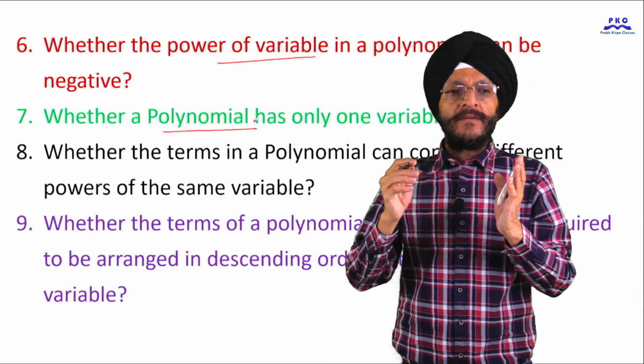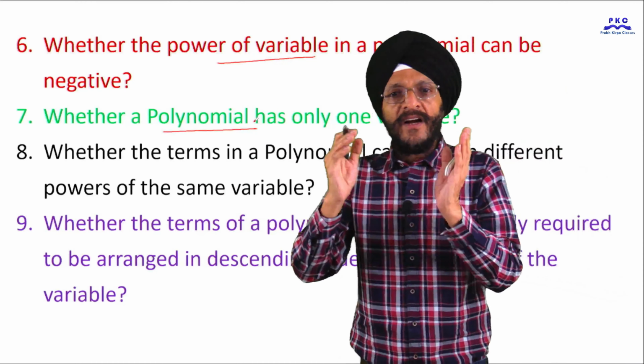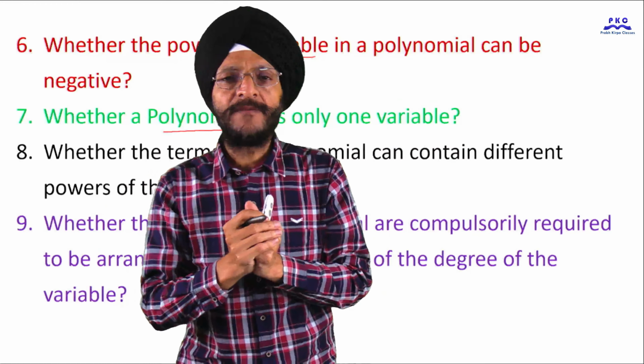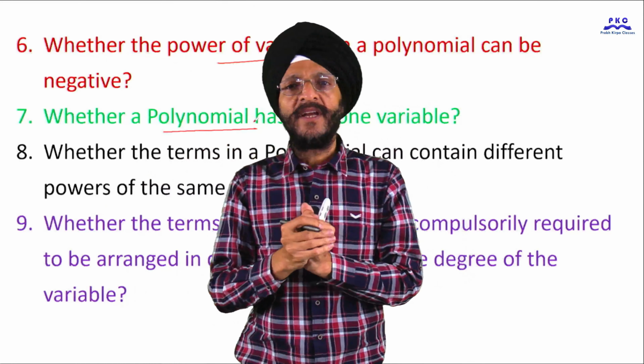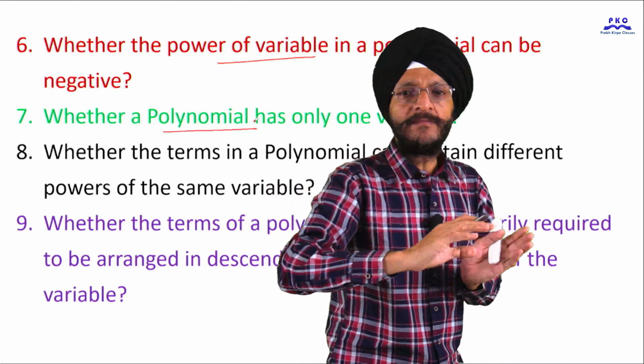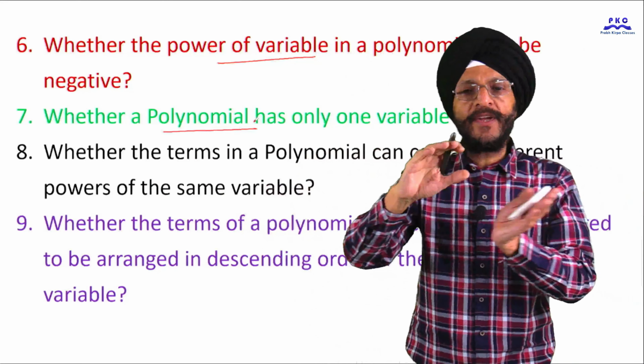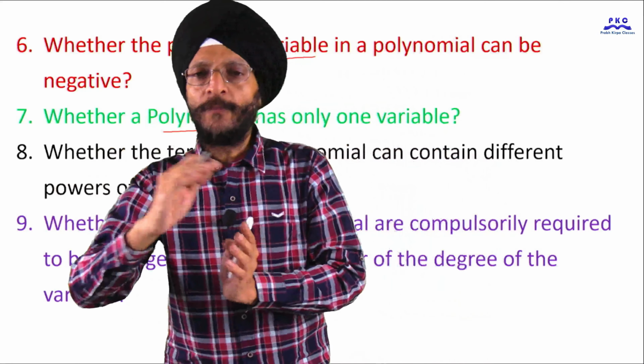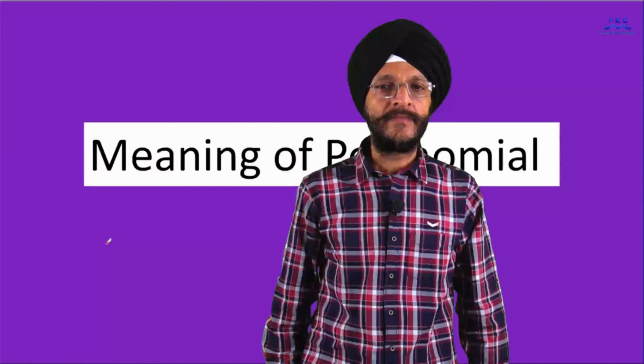It is usually done, by convention, that the terms of the polynomial are arranged in the descending order of degree of variable so that we can easily identify the terms with highest variables and with the lowest variables, and we can work with the polynomials if we are to do some work such as addition of polynomials or subtraction of one polynomial from another.